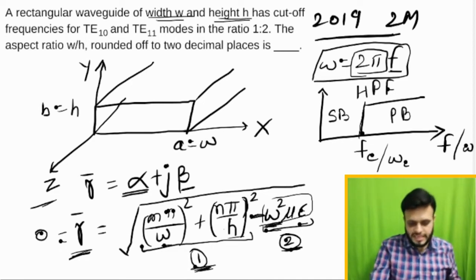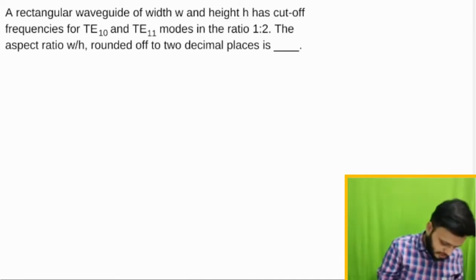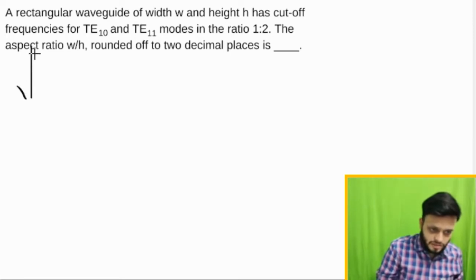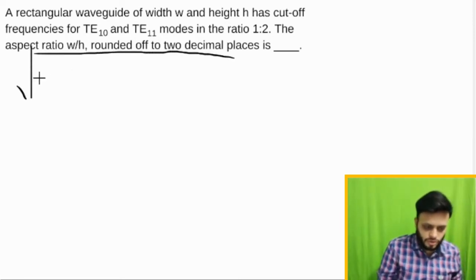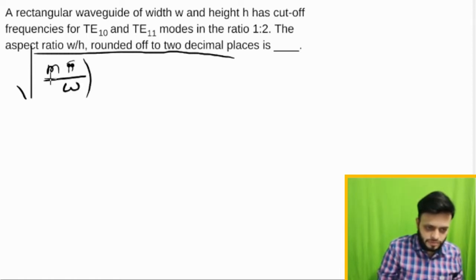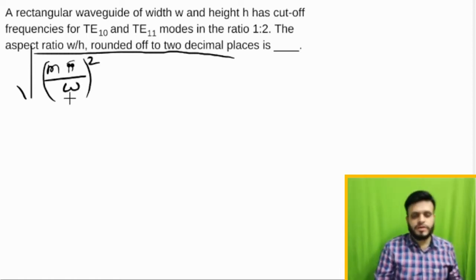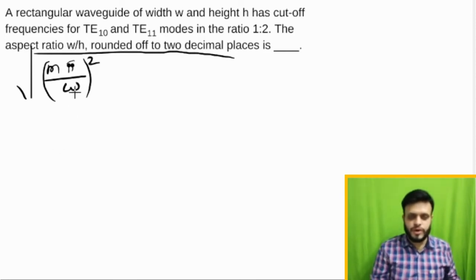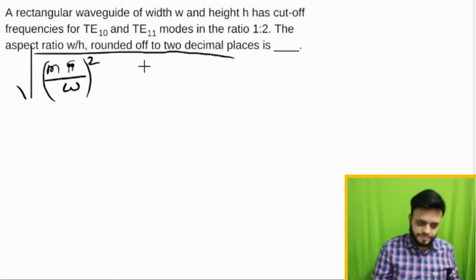We'll go to the next slide. Then we can say square root of (m pi by w) whole square plus (n pi by h) whole square minus omega square mu epsilon, which is the cutoff frequency omega c, equals 0. First thing, don't get confused with this w and omega. This w is your width and omega is your frequency.